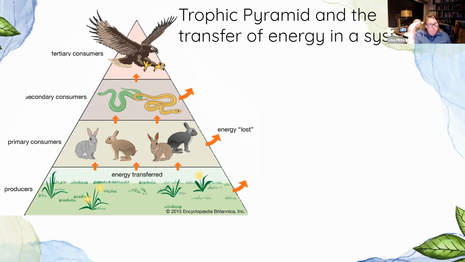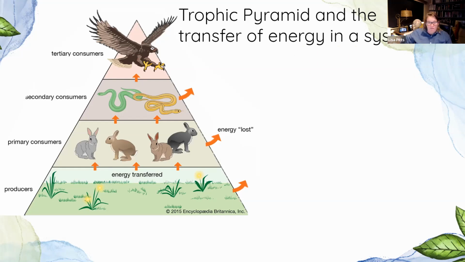And so as you go up the trophic pyramid, energy in the form of heat is being lost. So those primary consumers are getting lots of energy, and the higher the trophic level, the lower the amount of available energy.